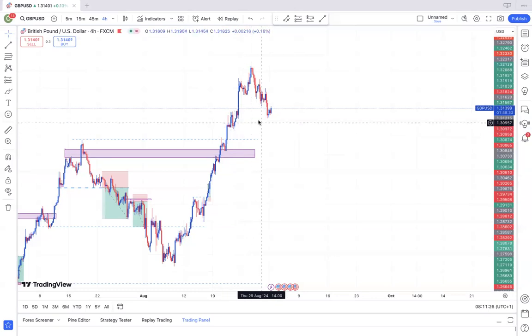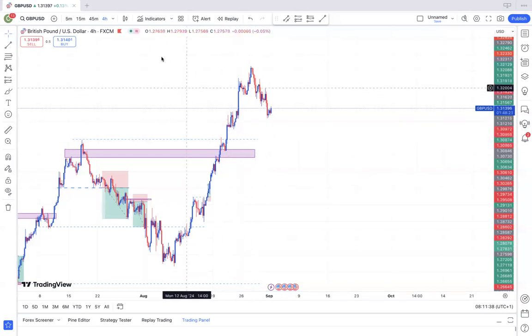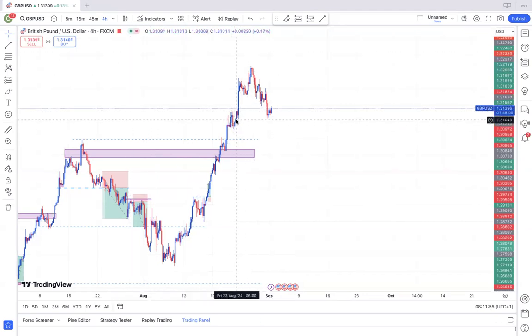If GBP/USD breaks this zone and then pushes price further below, then we can say that a particular higher low area has been broken, which is a zone where you can see continuation of the buy pattern.